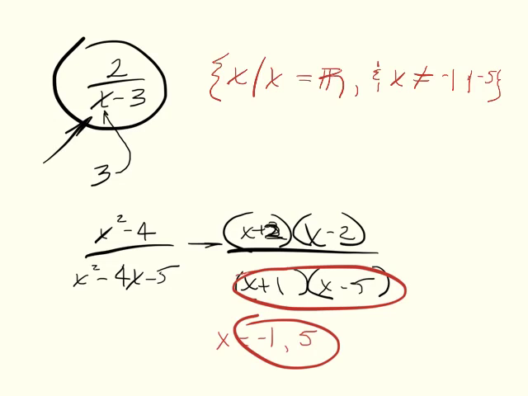Okay? So that's the symbolism for writing it. It can be any real number except negative 1, and 5. So x cannot be negative 1, and it cannot be 5.